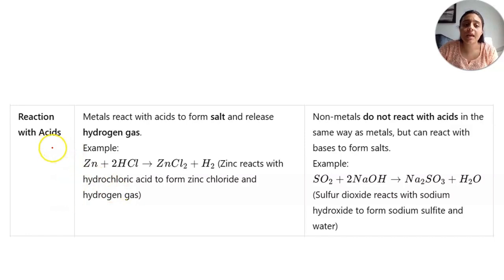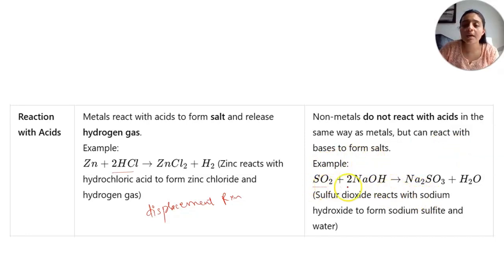If the metals react with acids, then for example zinc reacts with hydrochloric acid to form zinc chloride and hydrogen gas. You can see when a metal reacts with hydrochloric acid, they form this. This is a type of displacement reaction, right? And non-metals do not react with acids in the same way as metals, but can react with the bases to form salt and water.